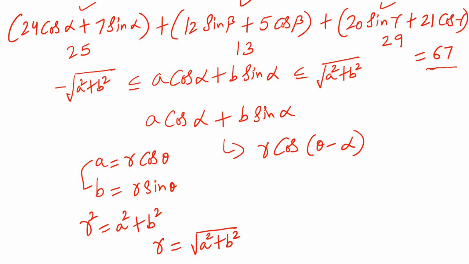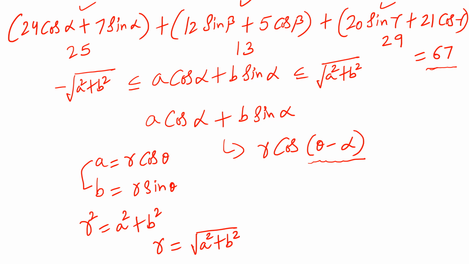Now, when will the expression a cos alpha plus b sin alpha attain its maximum value? That will happen when theta becomes equal to 2n pi plus alpha, because we have to make cos of (theta minus alpha) equal to 1. The maximum value of cosine is 1.